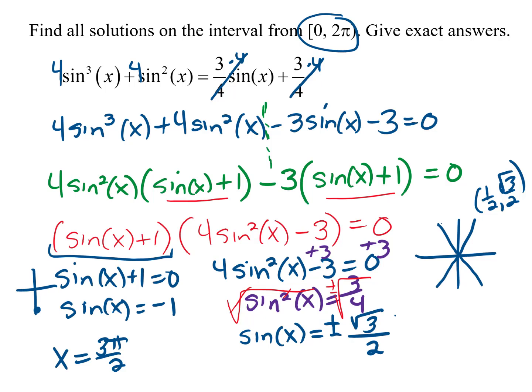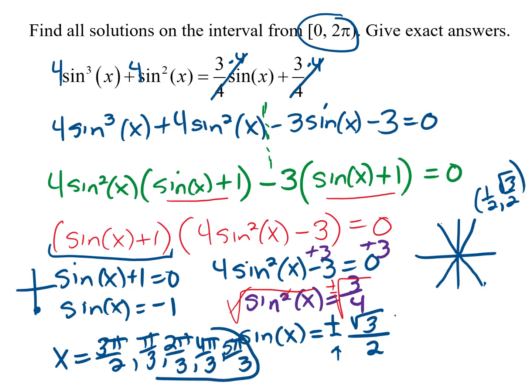Down here in quadrant 3, it's negative 1/2 and negative square root 3 over 2, but we do have the negative on here. And same with quadrant 4, the sine value there is negative square root 3 over 2. So it looks like I'm going to get pi thirds, 2 pi thirds, 4 pi thirds, and 5 pi thirds. So there are all of my solutions.